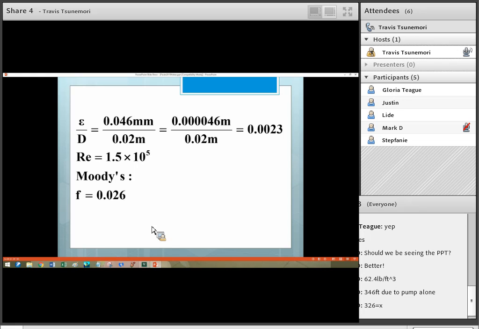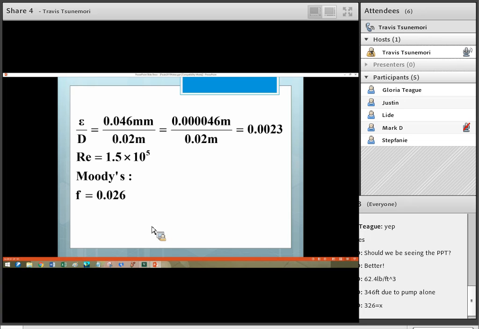And our Reynolds number was 1.5 times 10 to the fifth. So now we have to go to Moody's diagram again, and going into the x-axis at 1.5 times 10 to the fifth, and the far right axis at 0.0023, and then we're going to intersect those two lines, and we'll get an F value of 0.026.